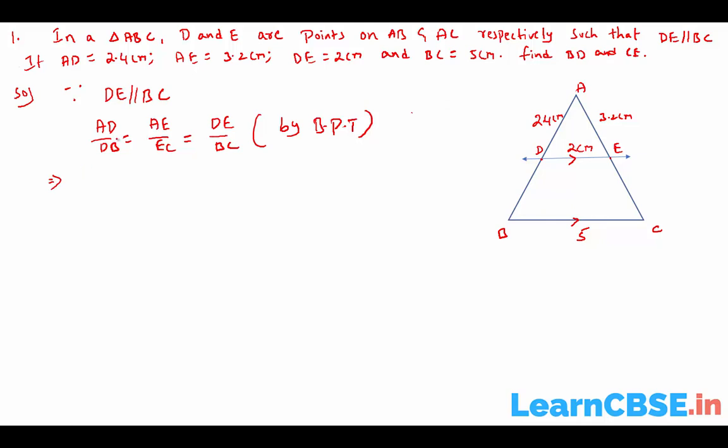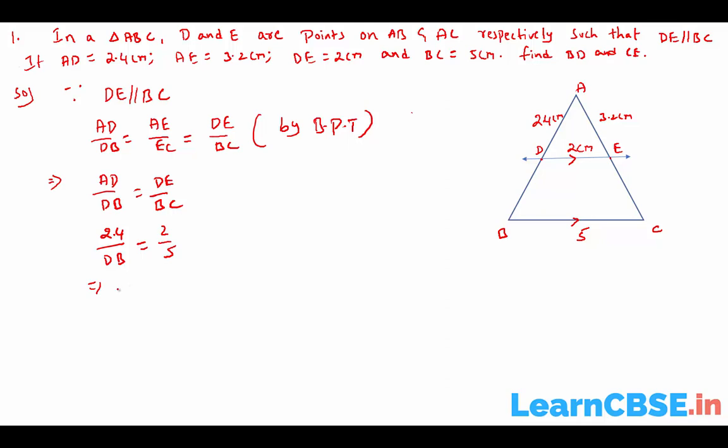Okay, now I'm taking AD by DB and DE by BC. First of all, AD by DB equals DE by BC. AD value is given as 2.4, DB value we have to find, DE is 2, BC is 5.